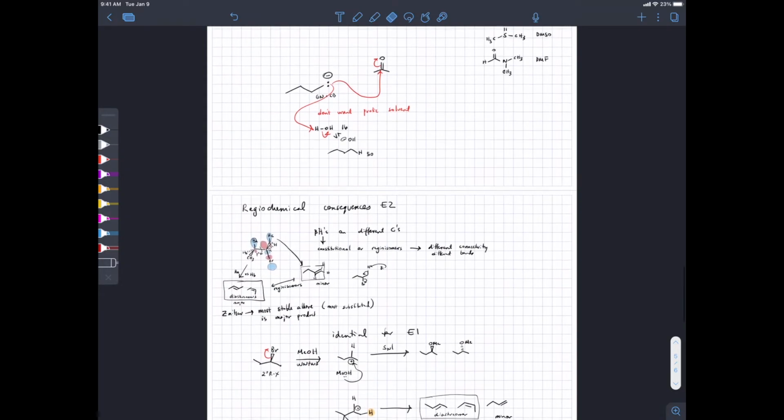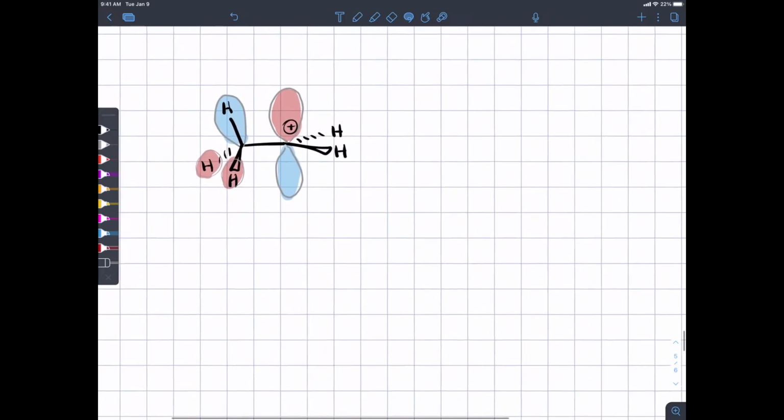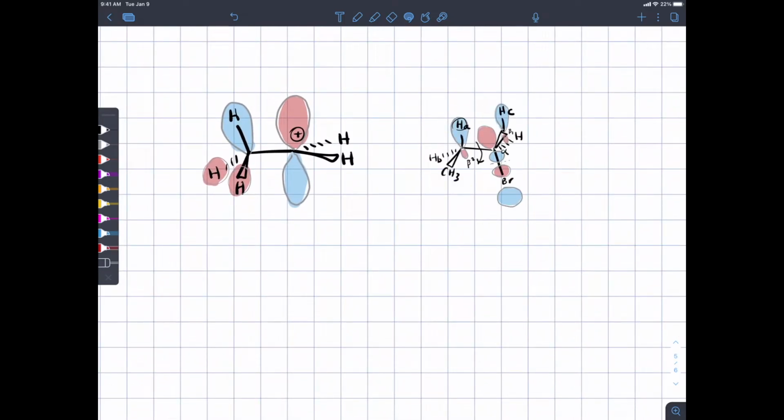And I want to compare that to the LUMO for the alkyl halide.